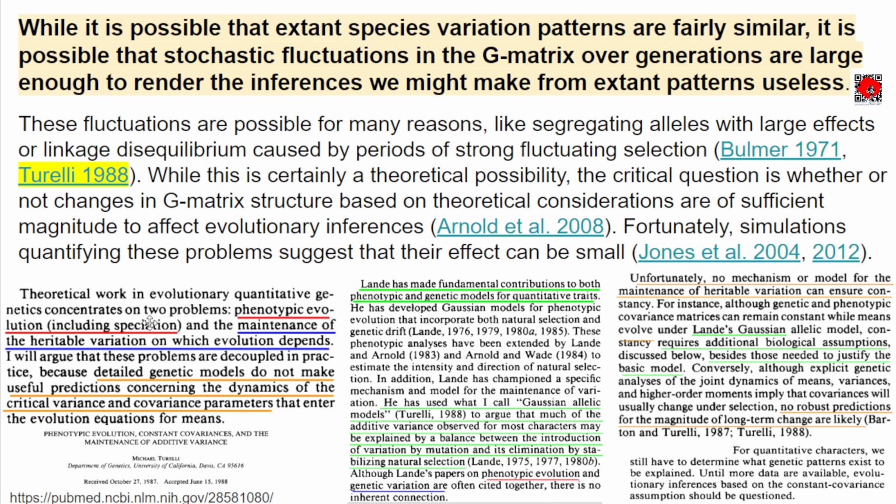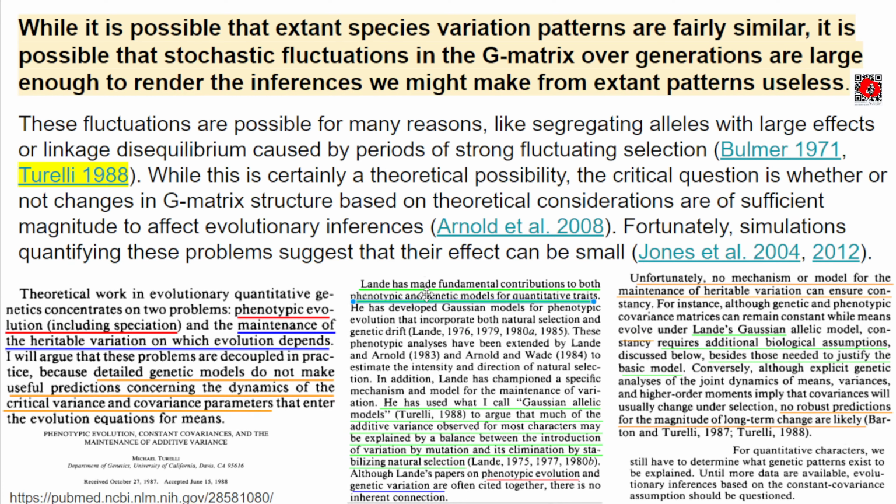Theoretical work in evolutionary quantitative genetics concentrates on two problems: phenotypic evolution, including speciation, and maintenance of heritable variation on which evolution depends. I will argue that these problems are decoupled in practice because detailed genetic models do not make useful predictions concerning the dynamics of the critical variance and covariance parameters that enter the evolution equations for means.